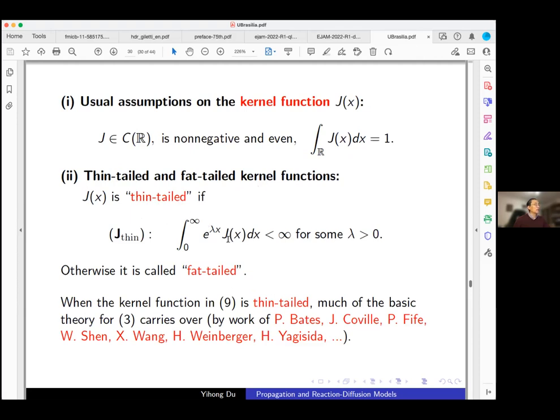Basically, it says the graph of J at x to positive infinity goes to 0 very fast, at least exponentially. Otherwise, this won't converge. Otherwise, you call this kernel function fat-tailed. It turns out that for equation 9, for thin-tailed J, its dynamical behavior is similar to 3, where you use local diffusion, from the work of many, many people. But for fat-tailed kernels, there's a difference.